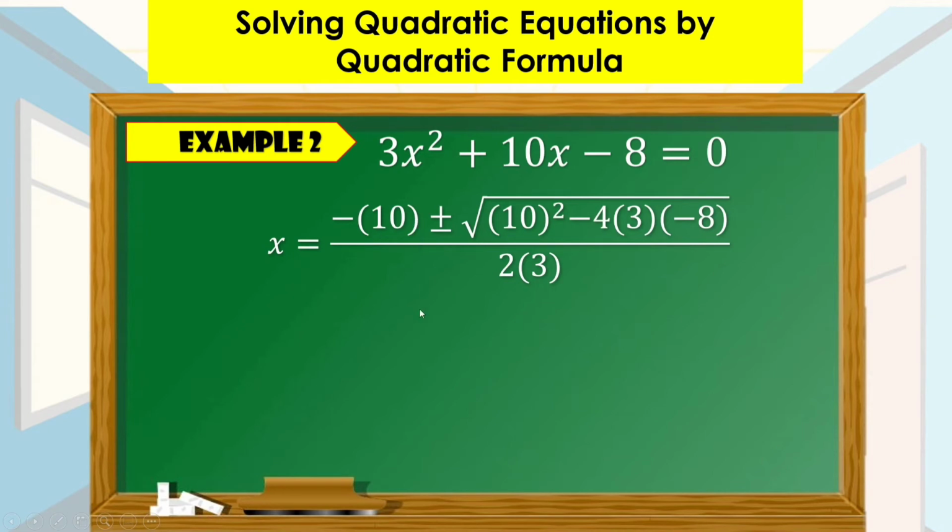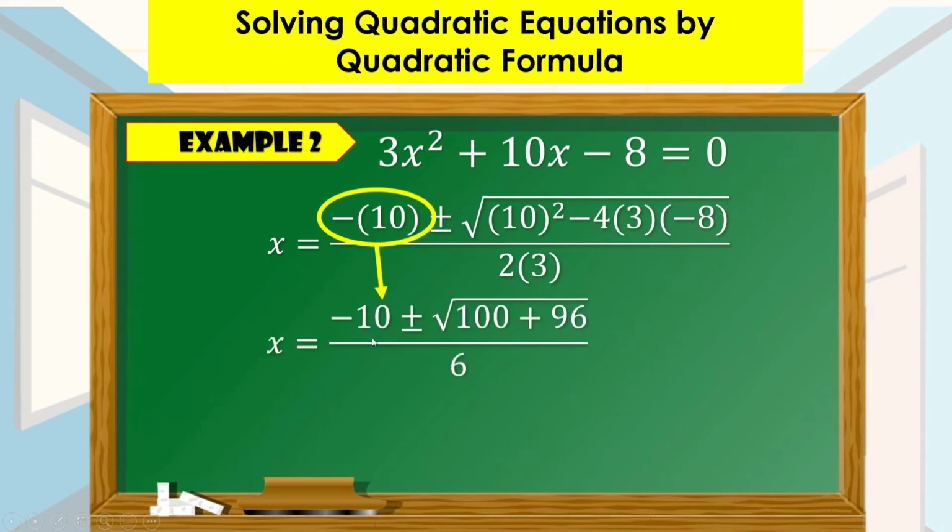And then let us simplify. Negative times 10 is negative 10. 10 squared is 100. Pag nag-i-square po tayo, yung base ay multiply by itself. So 10 times 10 is 100. Next, negative 4 times 3 times negative 8 is positive 96. And 2 times 3 is 6.